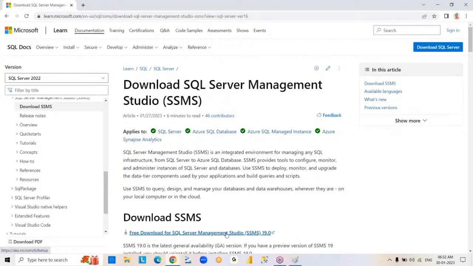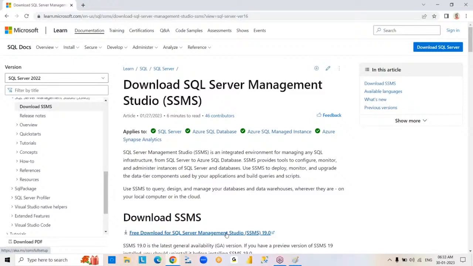Right. So in the beginning, what we do, we go for SQL Server installation. After completion of the SQL Server installation, we are going to download Management Studio and we are going to install Management Studio. Right?